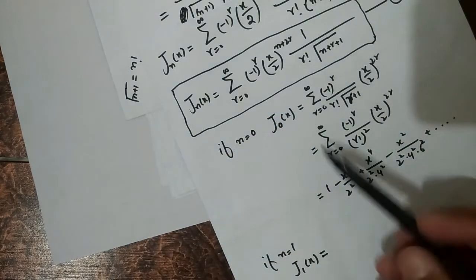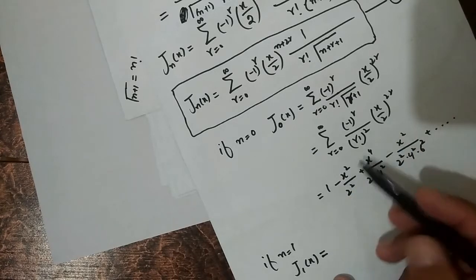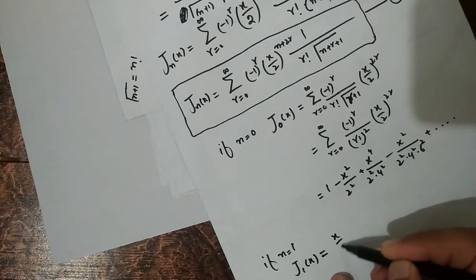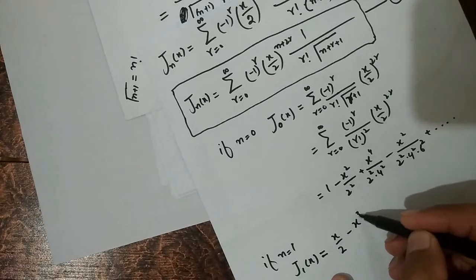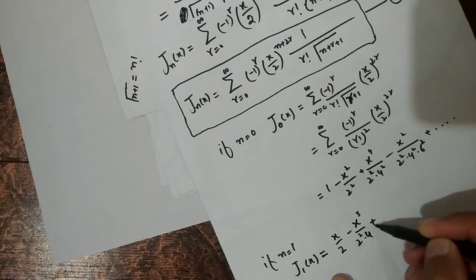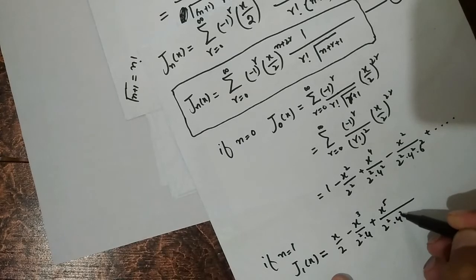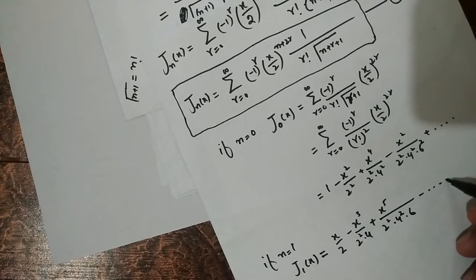Remember? So I am going to write the whole series. It can be written as x divided by 2 minus x cube divided by 2 square into 4 plus x to the power 5 upon 2 square into 4 square into 6 and so on.